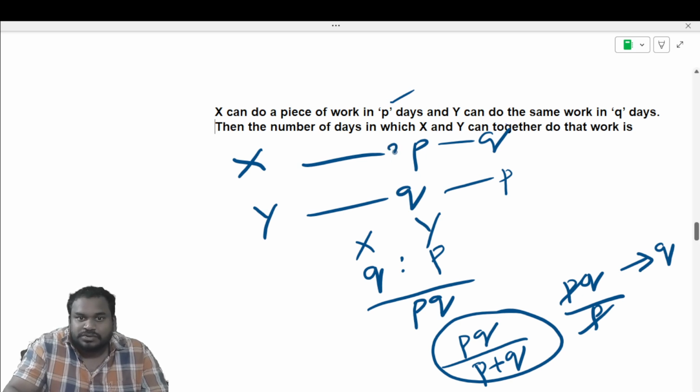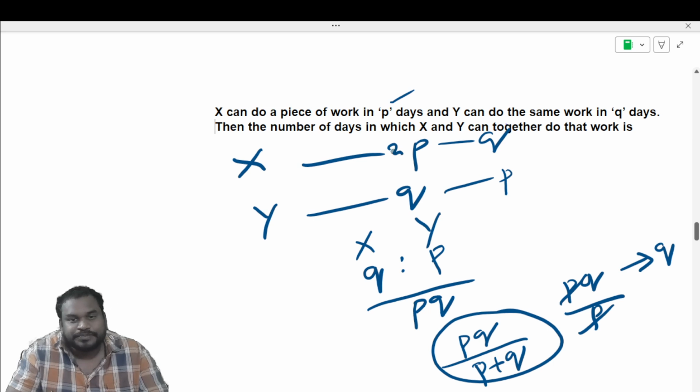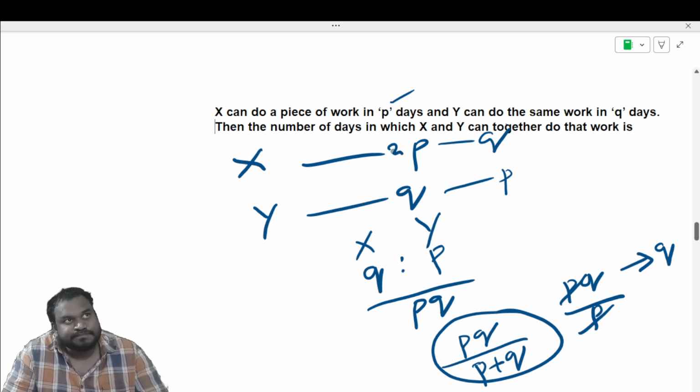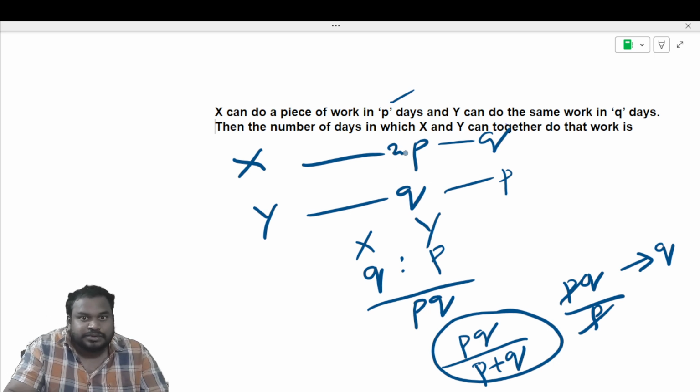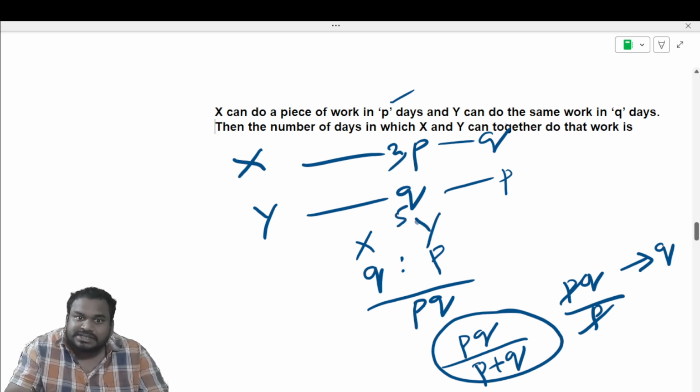So if he can do it in 3 days and he can do it in 5 days, then what is their LCM? 3 into 5 is nothing but 15, their LCM.